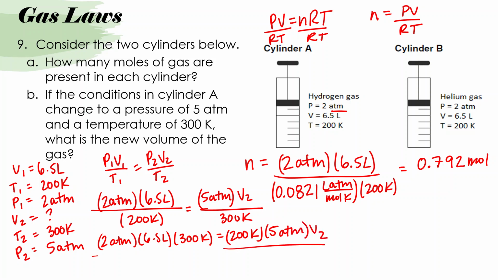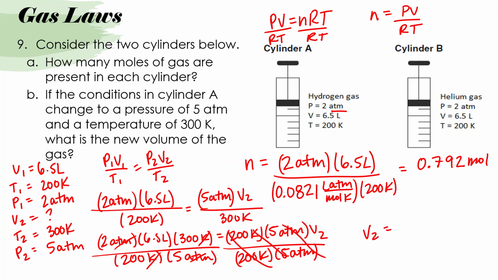To solve this, I'm going to need to divide both sides by the 200 K times the 5 atm. So the units of atm cancel, Kelvin cancels. The only unit that doesn't cancel is liters, which is good because we're solving for V2 here. So I'm going to go ahead and do my math, and this gives me a V2 of 3.9 liters.